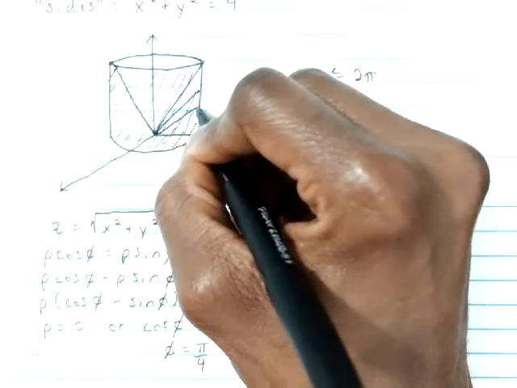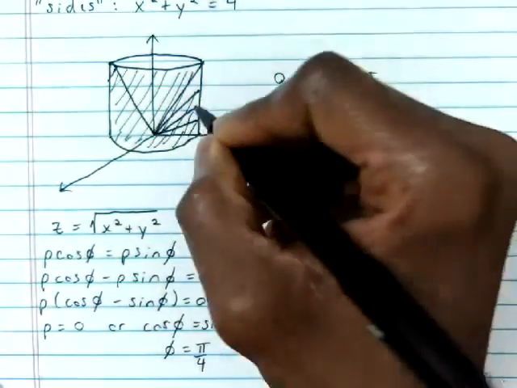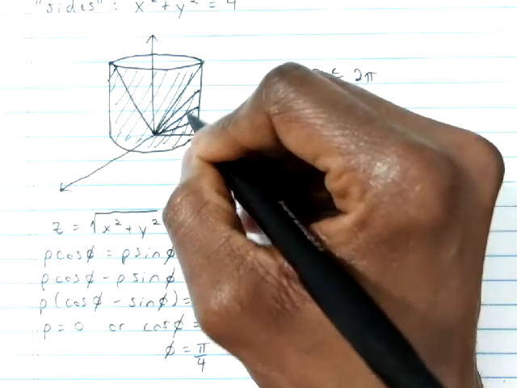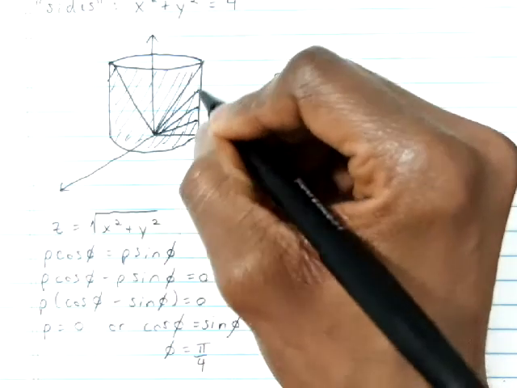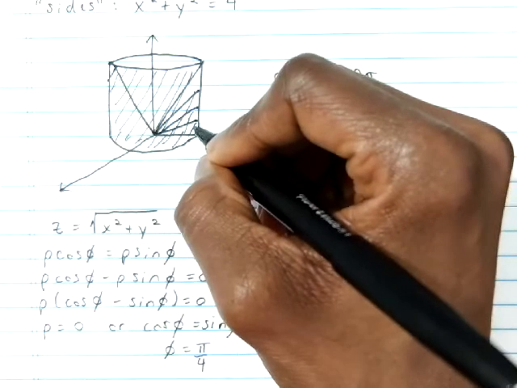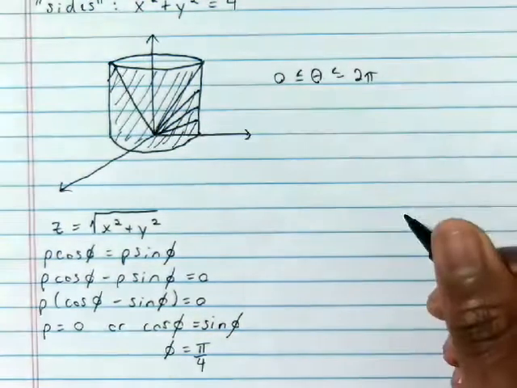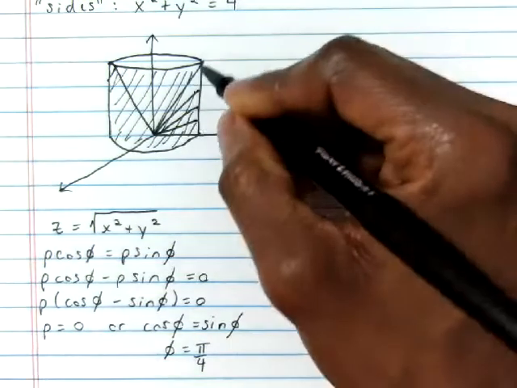So whatever we get is going to depend on phi. Of course it's 0 right there, and it's going to go out to whatever that line is. That's going to govern our rho. So let's now figure it out algebraically. We see that the cylinder is going to govern our rho.